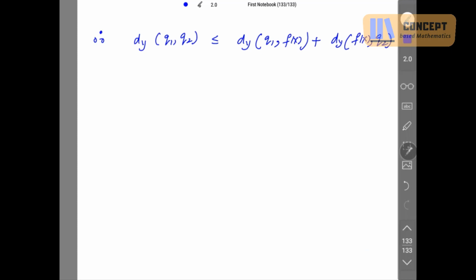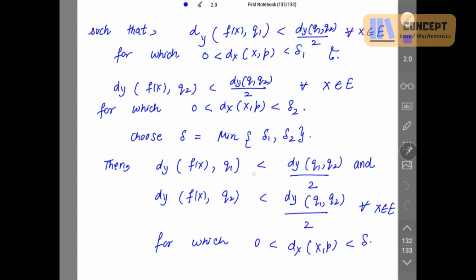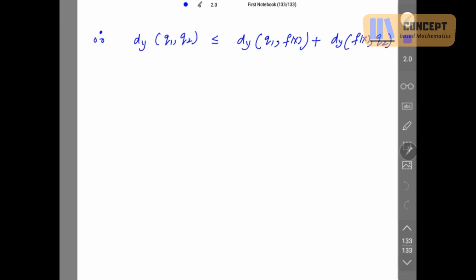The first distance is less than this epsilon and the second distance is less than this. The distance dY of f x comma q1 or dY of q1 comma f x is one and the same thing, just the distance between the two points, so f x can be here or here, it doesn't matter.